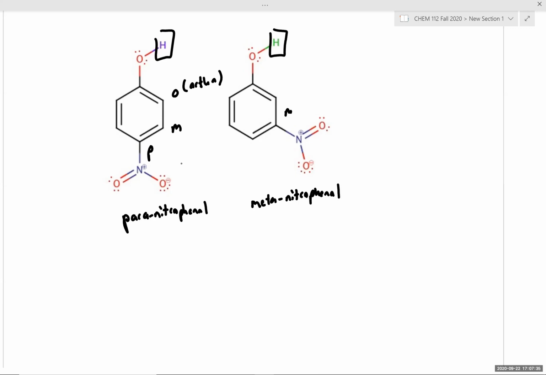And let's try to get some proposed responses in the chat for which of these two structures would be more acidic.